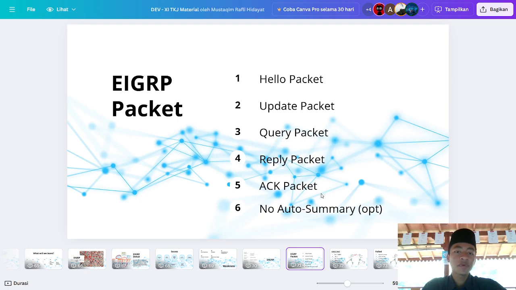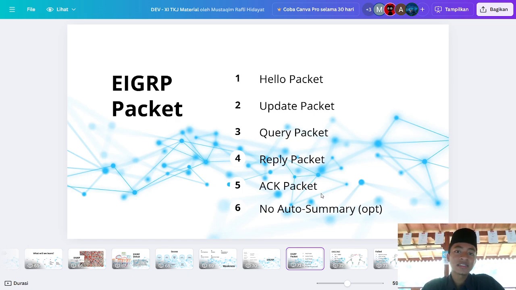Once the router makes sure that the neighbor is using the same EIGRP number, it is going to send the update packet, right?